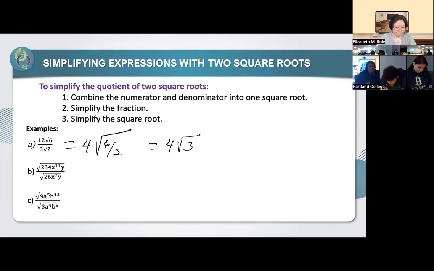Is that 11? Looks like it. So 234, x to the 11th, y over 26, x to the 7th, y. Yes, that's right. And then you divide 234 by 26. And then do the division, x to the 11th, x to the 7th, and y.